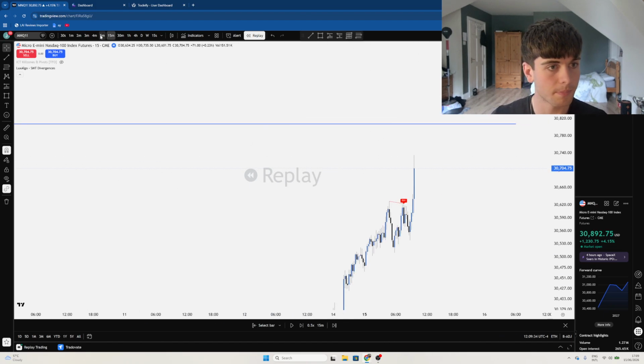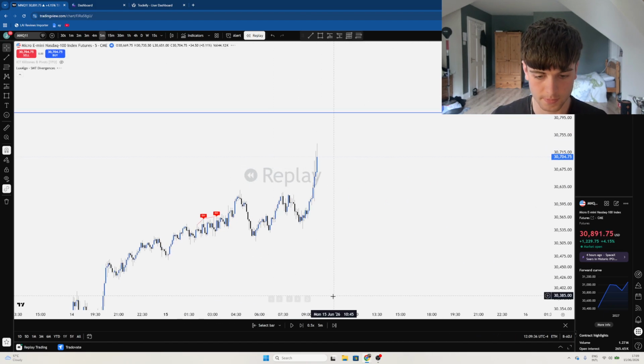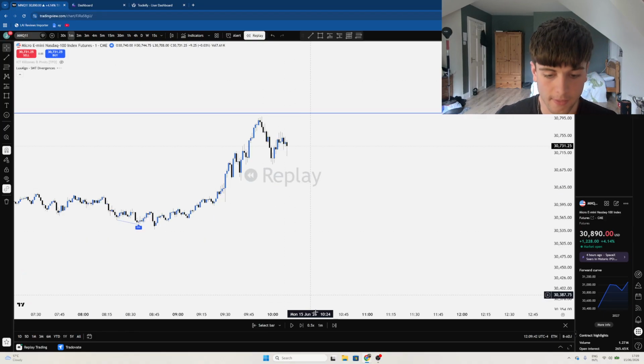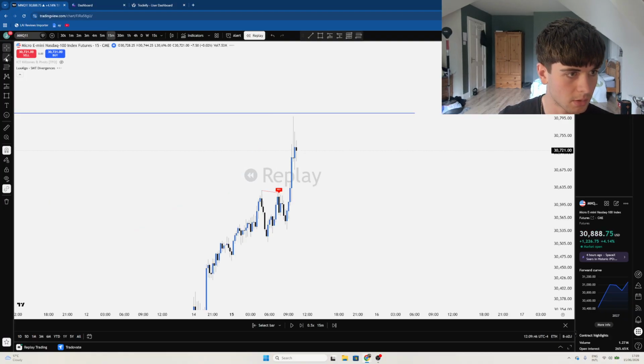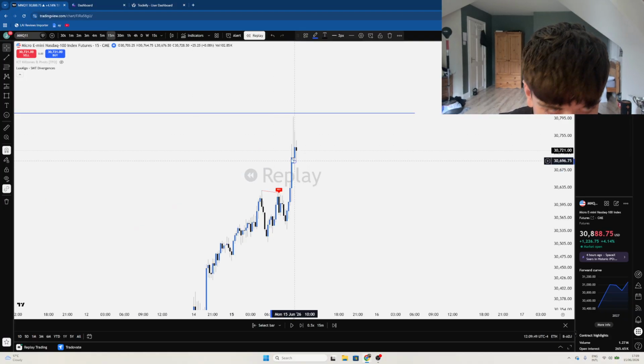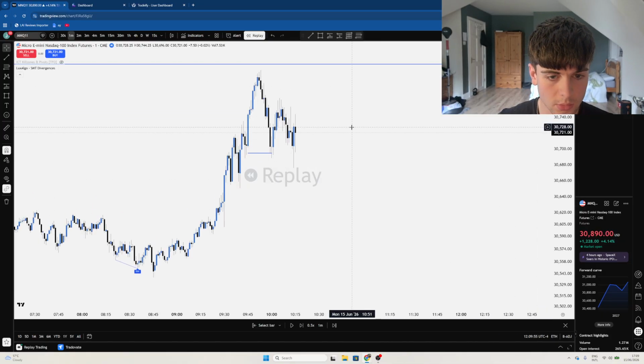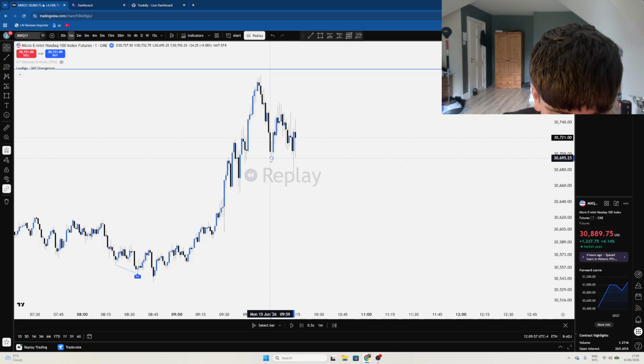On the 15 minute, we ended up generating liquidity. We opened up a 15 minute here, tapped into it. Yeah, so we tapped into it here.